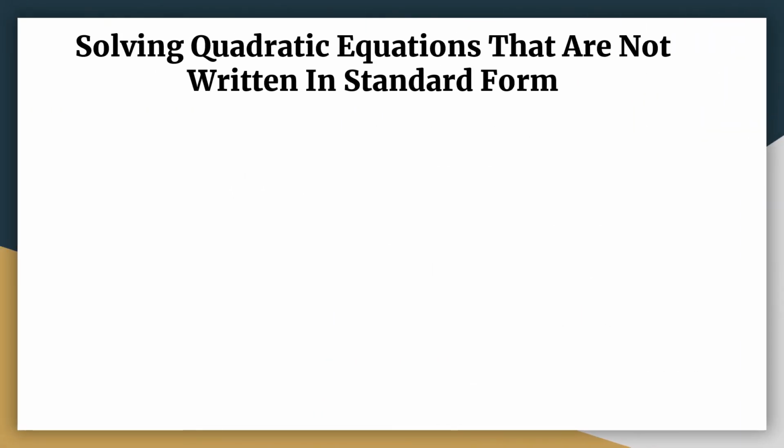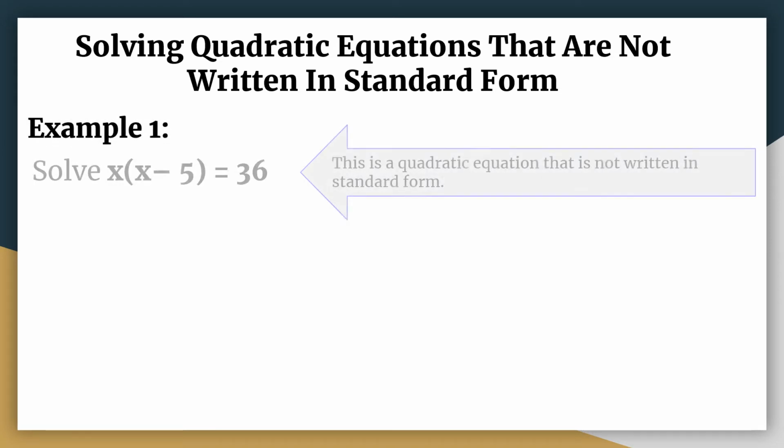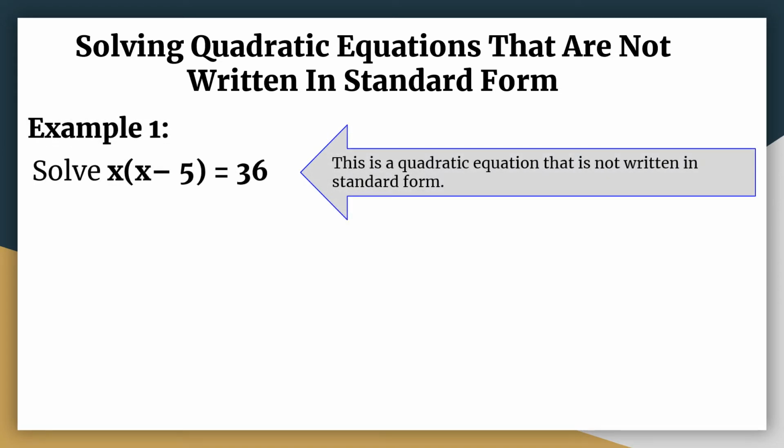So in solving quadratic equations that are not written in standard form, let's have the first example. We have x times the quantity x minus 5 equals 36. This example is not yet written in quadratic equation form. So we need first to multiply x to x minus 5 by distributive property. So x times x and then x times 5.